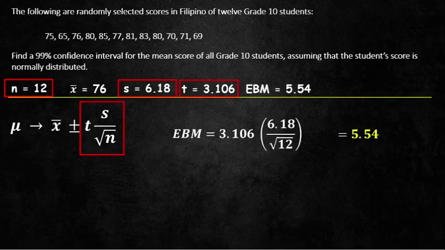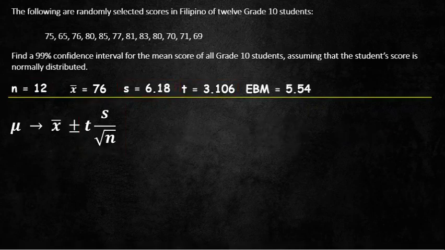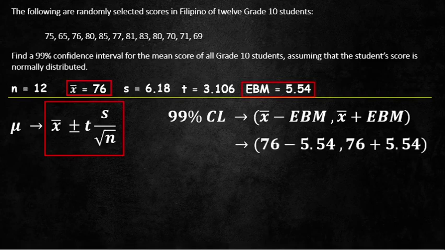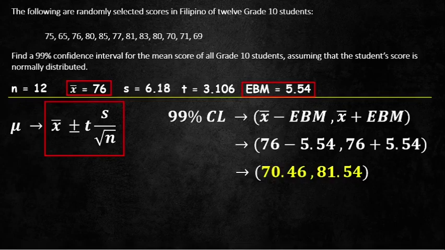Right. Next, rewrite our formula to reflect the lower and upper limits. This is the value for our sample mean and the value for our EBM. Apply those to our formula, and the result will be 70.46 for our lower limit and 81.54 for our upper limit.